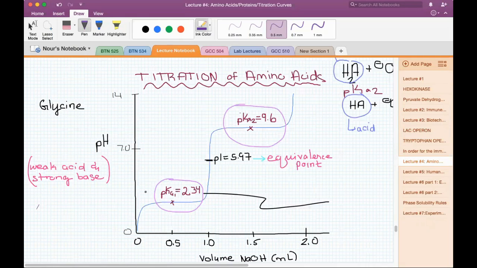You don't have to memorize these values, but generally, the carboxyl group in the majority of amino acids is going to have a pKa of around 2.5. Here it's 2.3, which is close, but you don't have to memorize the specific pKa because they're all different.